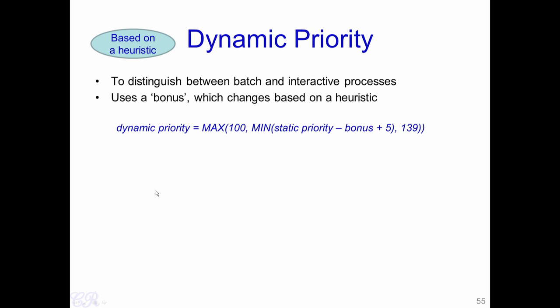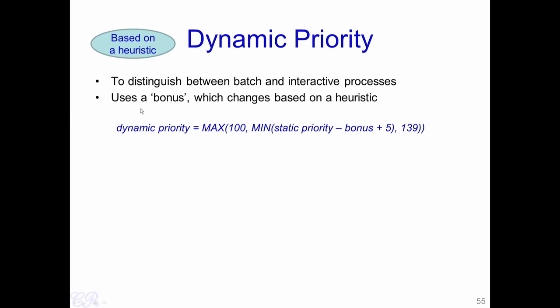Besides the static priority, the scheduler also sets something known as the dynamic priority. This dynamic priority is based on heuristics and is set based on whether the process acts like a batch process or an interactive process. Essentially, it's set based on whether the process has more I/O operations or is more CPU bound.